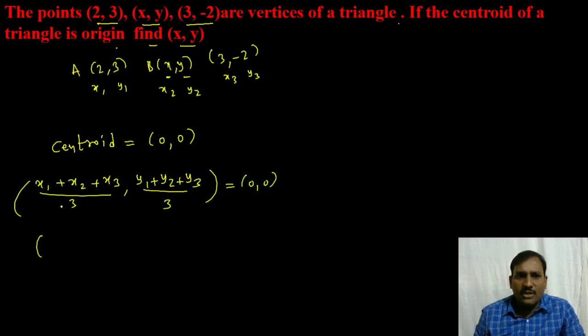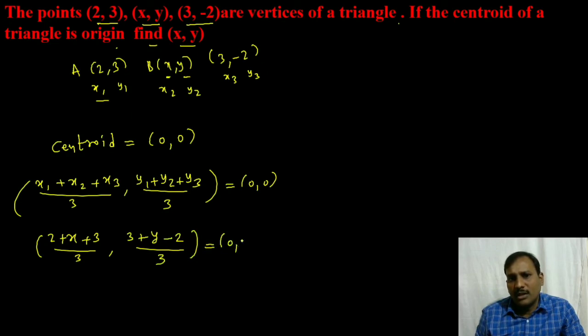Let us substitute the values of x1, x2, x3. x1 is 2 plus x2 is x plus x3 is 3, by 3; y1 is 3, y2 is y, y3 is minus 2, by 3 is equal to 0 comma 0.